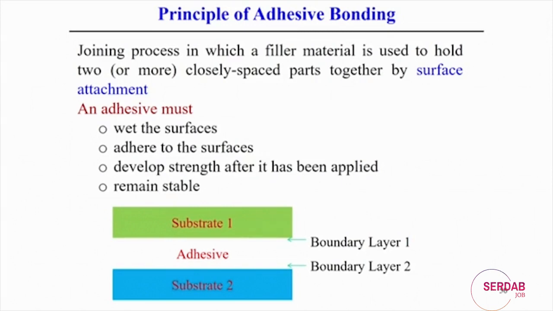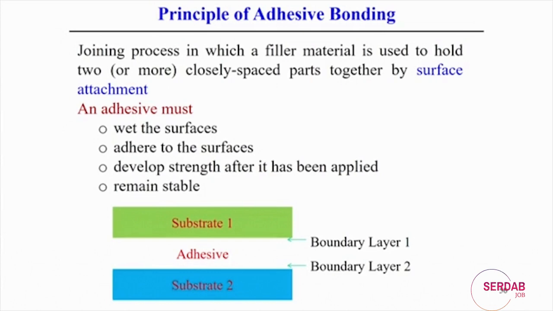In that way this is different from any kind of fusion welding process or brazing and soldering process. So, when you use an adhesive to join two substrates, if you look at the figure, substrate 1 and substrate 2 are joined using some adhesive.